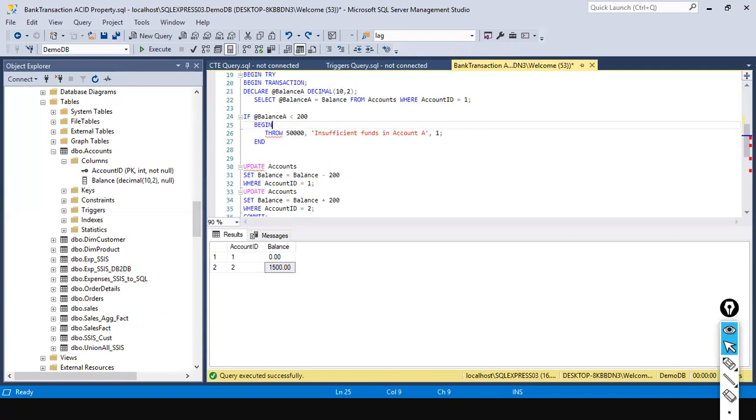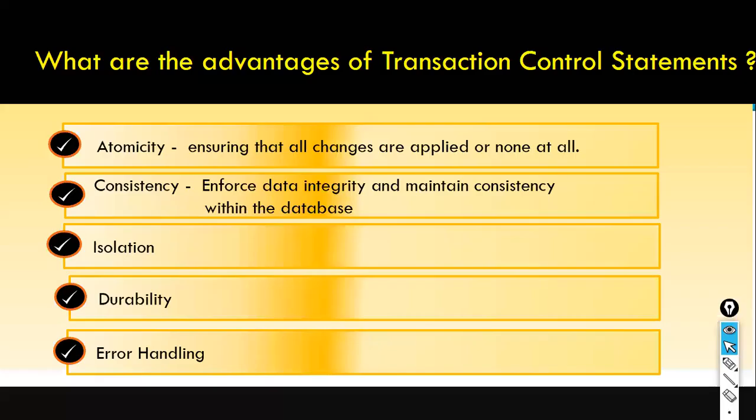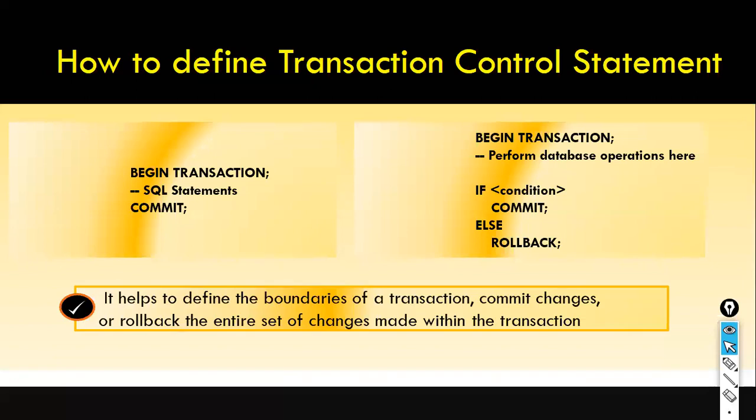So you understood, right? So this is how you can do this one. And the next one is, what are the other things? So it helps us to define the boundary of transaction, commit or roll back.